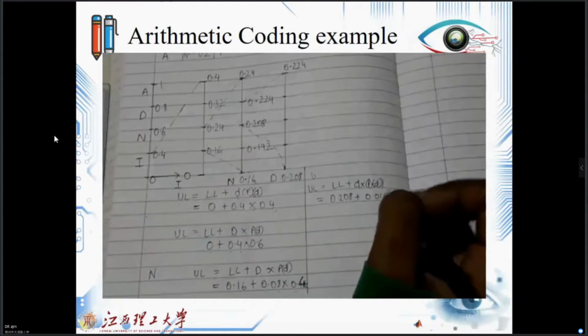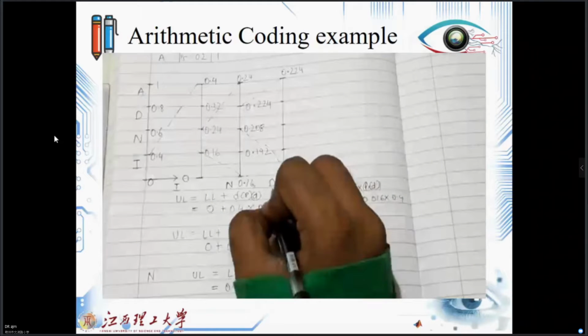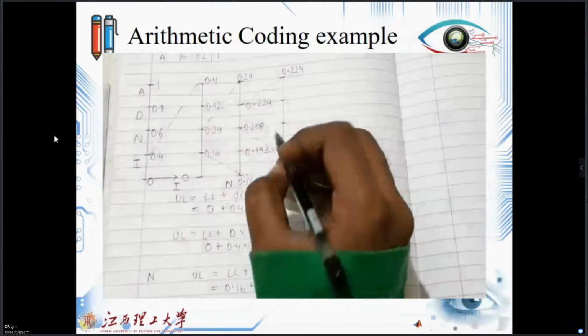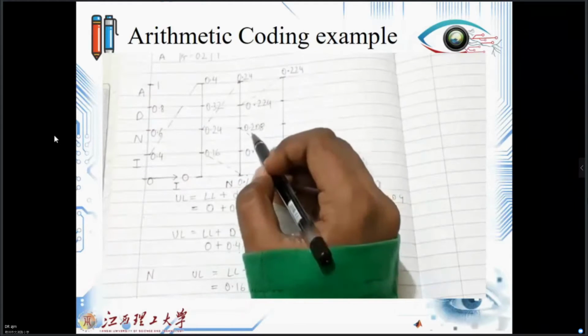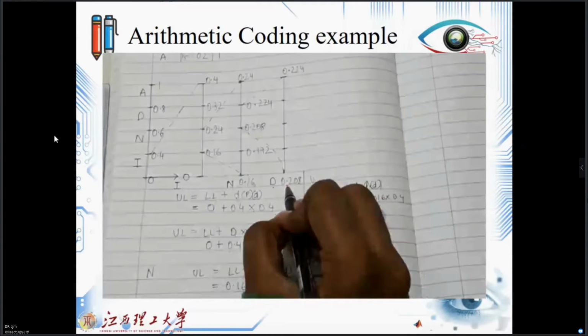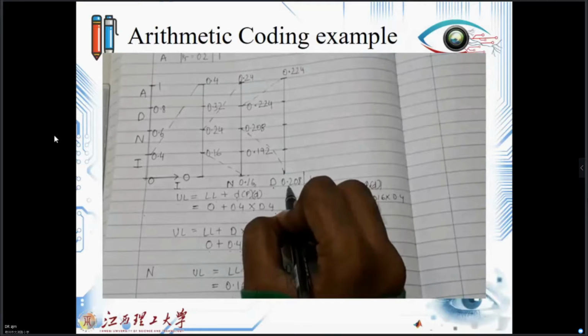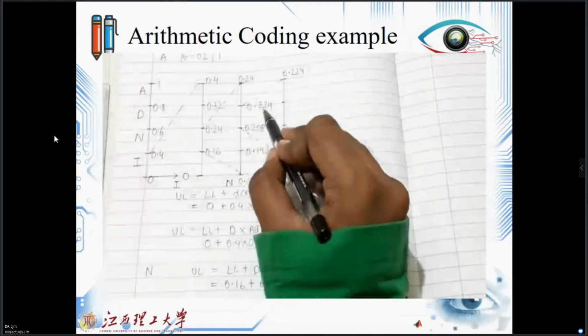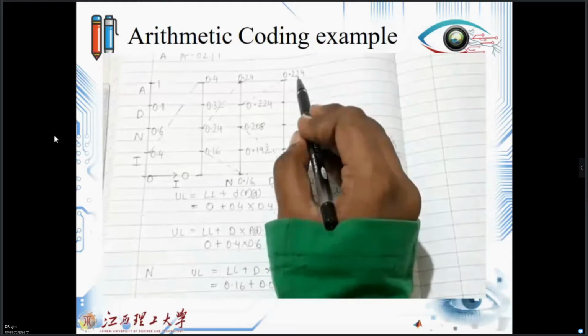Then the next word we should do for the D, lower limit is 0.208, upper limit is 224. This is now the new lower limit and new upper limit.